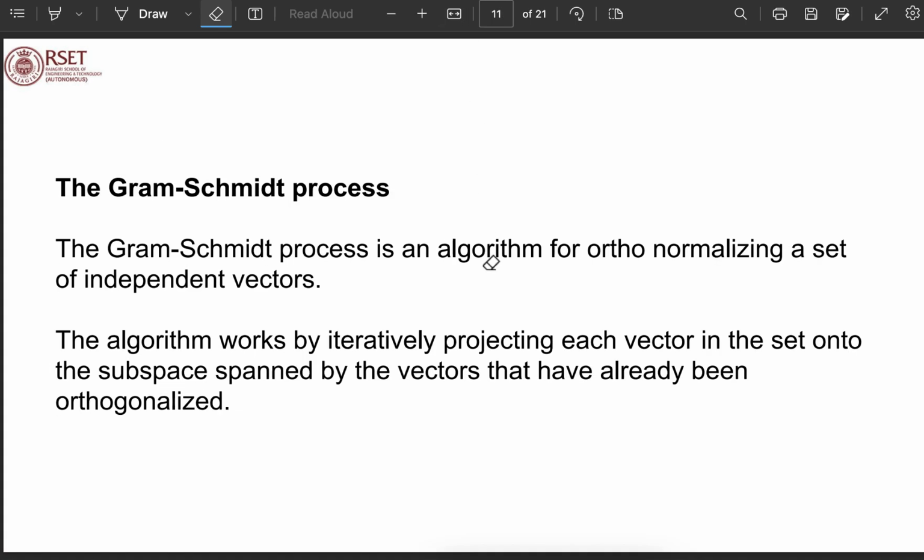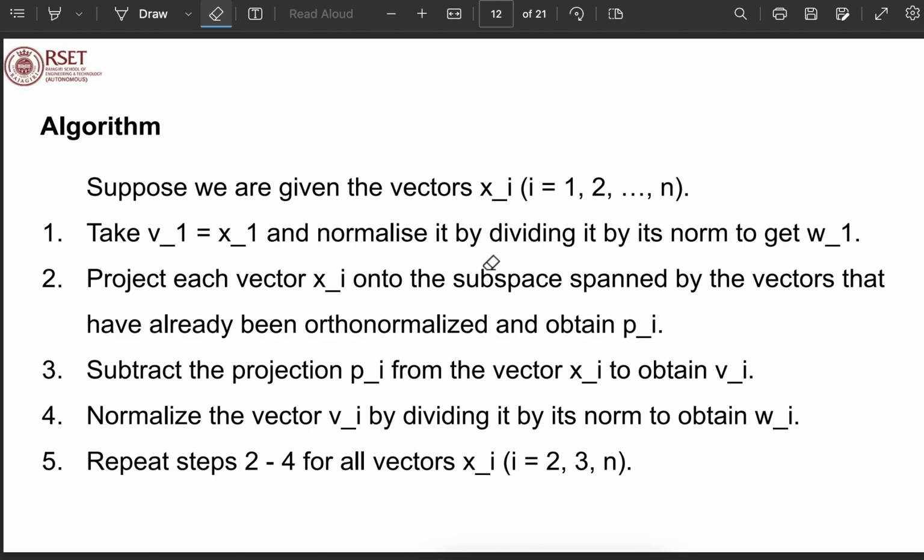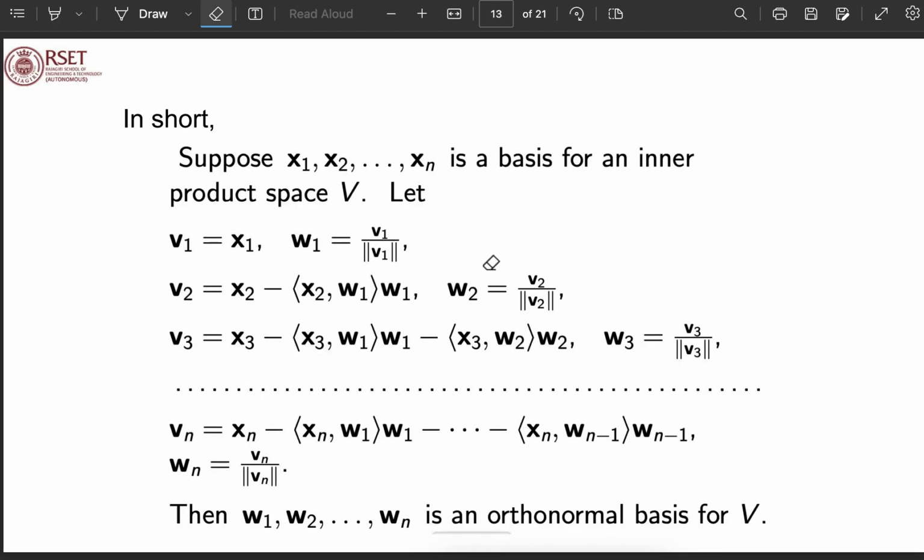Next is the Gram-Schmidt process. By using this process, we can orthonormalize a set of independent vectors. These are the algorithm and the formulas for that. Suppose we are given x1, x2, up to xn as a basis.